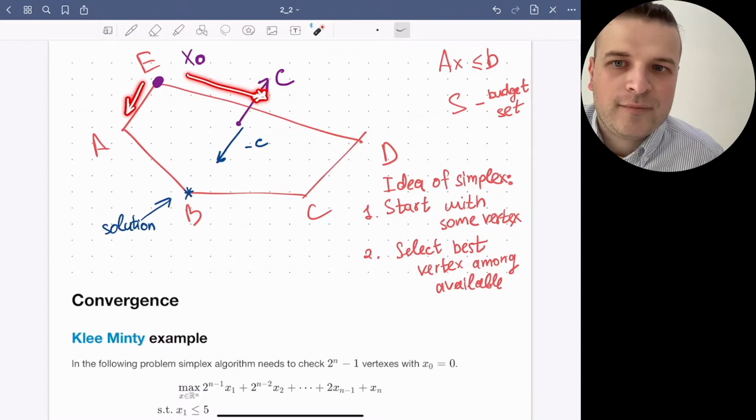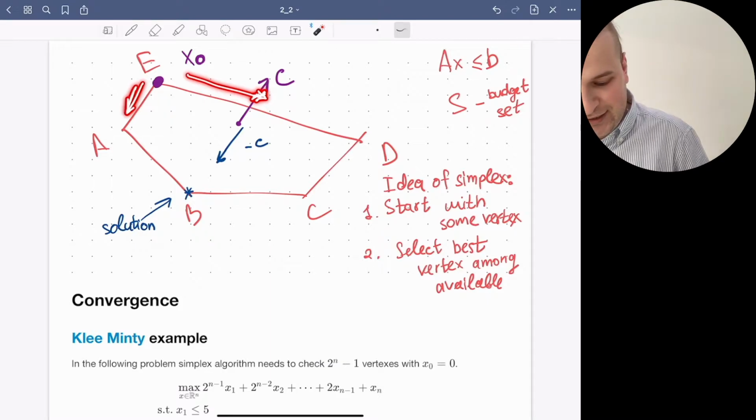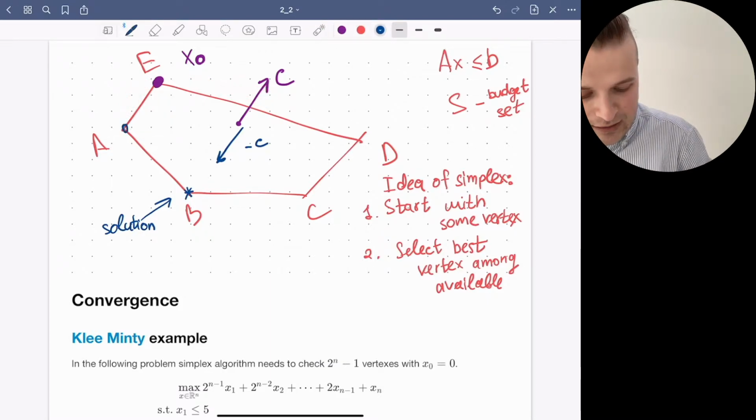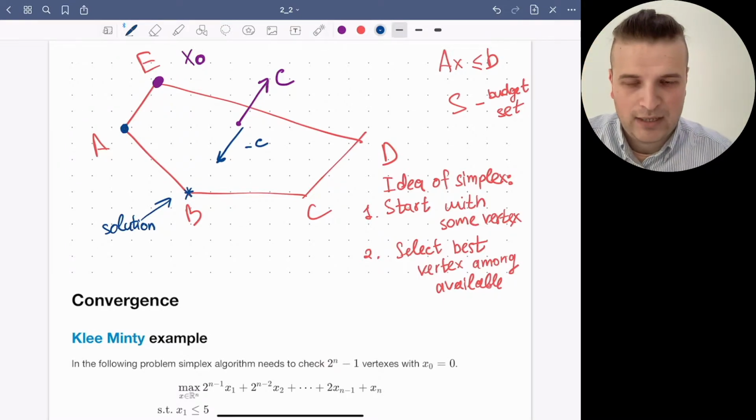So the closer your direction to the anti-gradient, the cooler your direction, and you are to select the coolest direction here. So we select this direction, and our next step in the simplex algorithm is this vertex A.